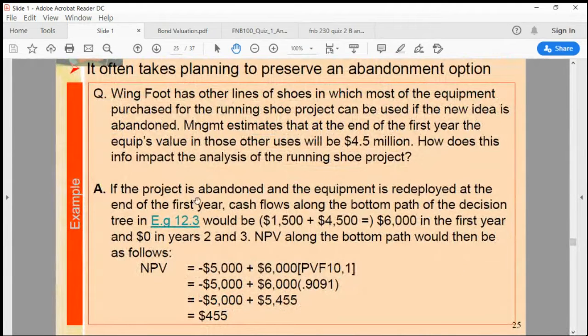So if the project is abandoned and the equipment is redeployed at the end of the first year, cash flows along the bottom path of the decision tree, 12.3, would be 1.5 million plus 4.5 million, and that would be 6 million in the first year.